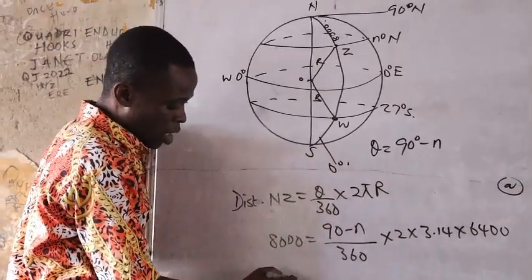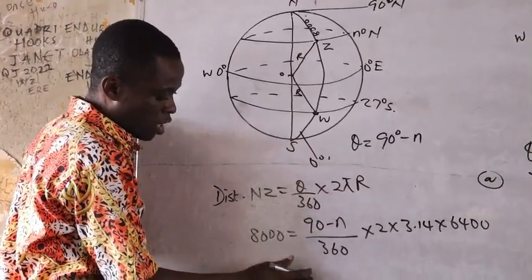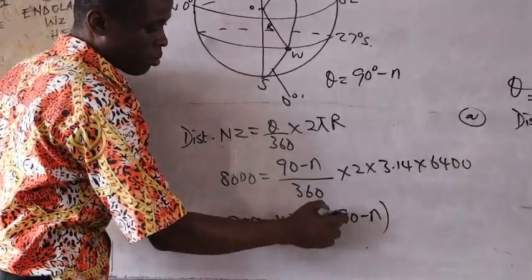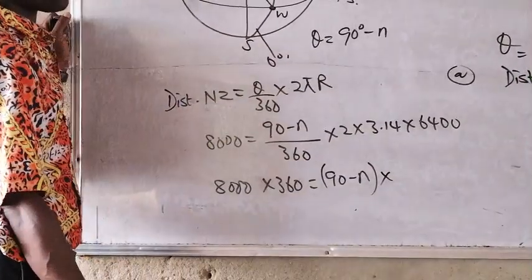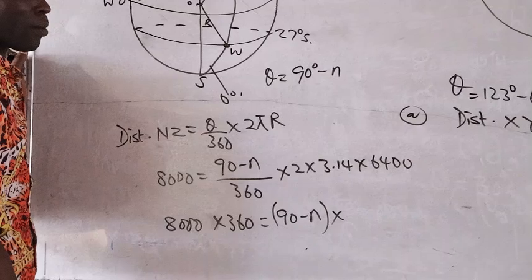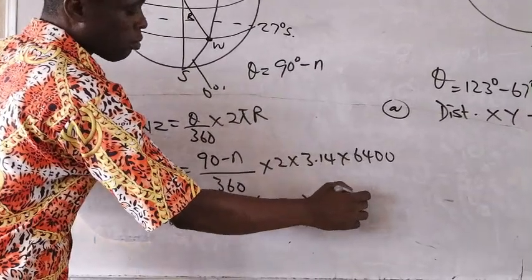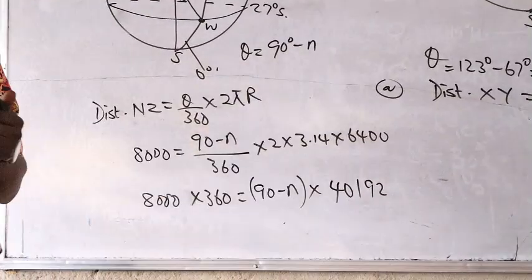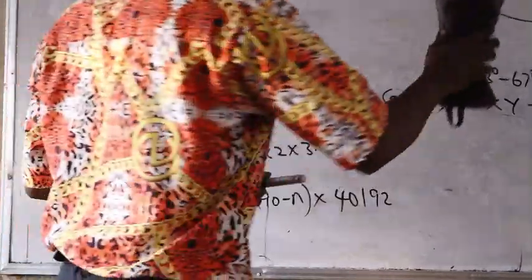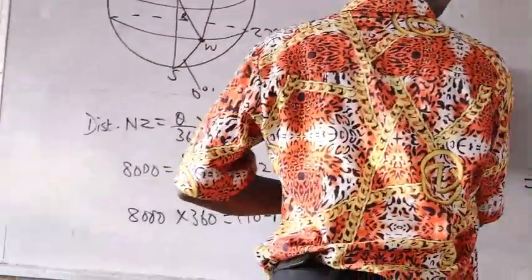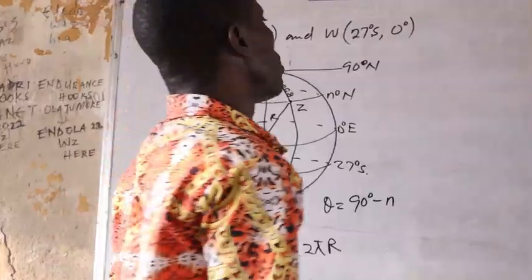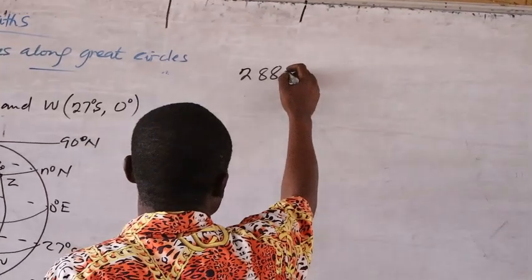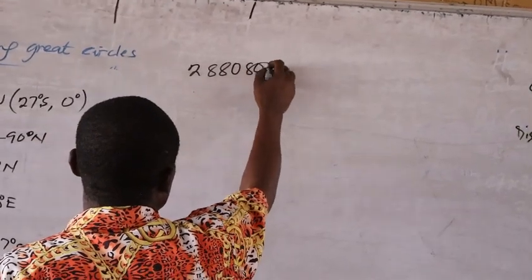So we cross multiply. 8,000 times 360 is equal to 90 minus n times, what is the product of 2 times 3.14 times 6,400? 40,192. What is the product of 8,000 times 360?